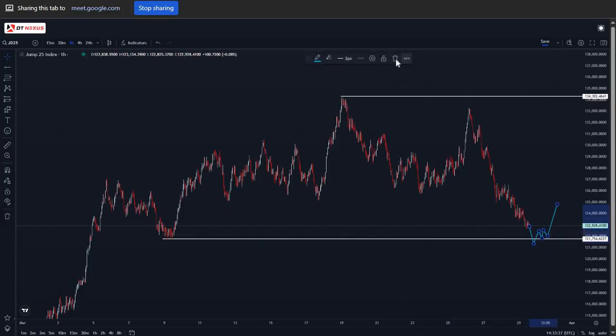So that's what I'm waiting for, or I'm waiting for something like this. If we trade above here like this, then I'll be happy to take a continuation of this down movement, because then it will go down until this level here.